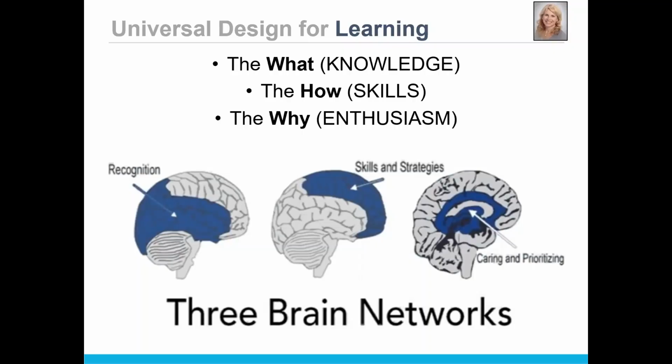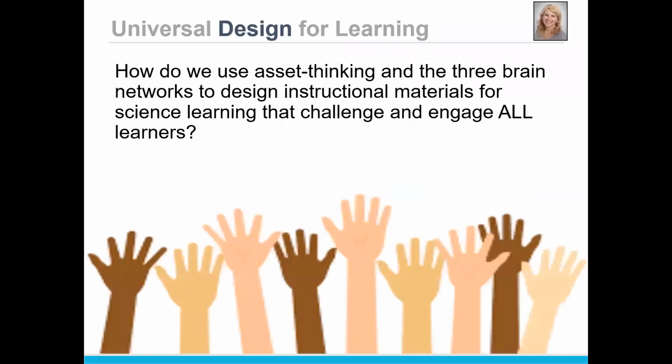And so we want to think about that as we move through the day: the what, the how, and the why, and how we can engage all three of these brain networks all at once in the strategies and in the high quality materials examples that we're using. And then finally, we get to the design piece.